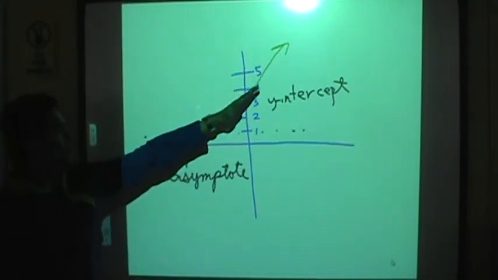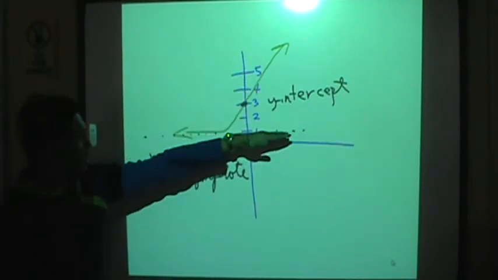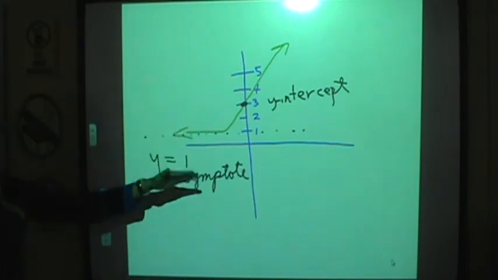The graph is trying to approach that invisible line at y equals 1, and that is your asymptote.